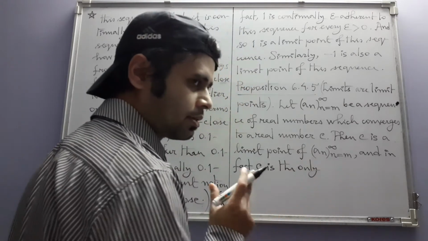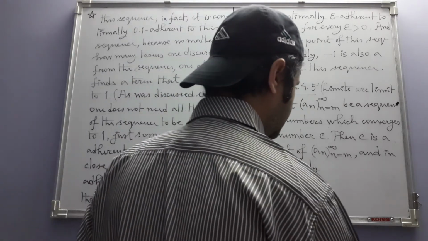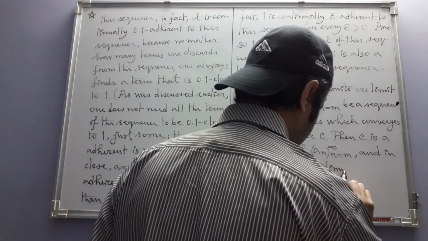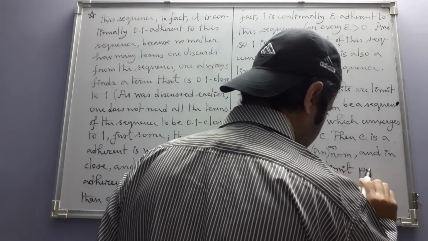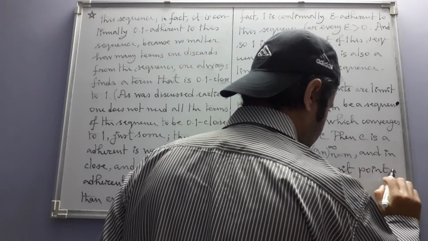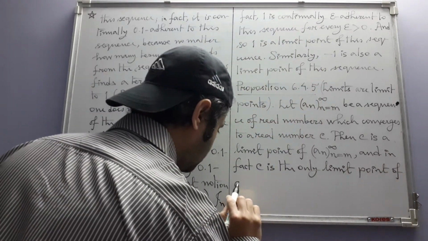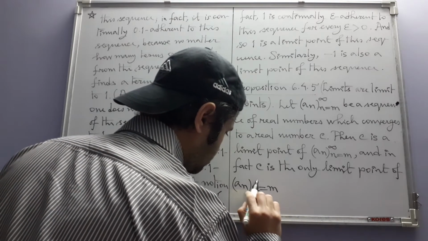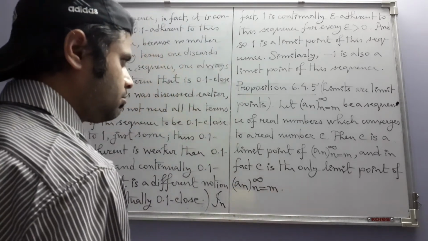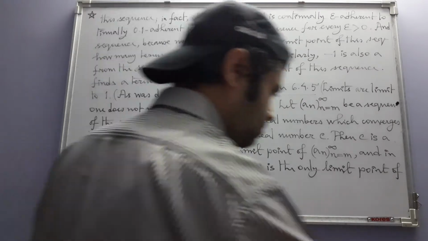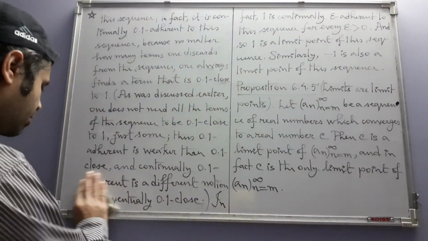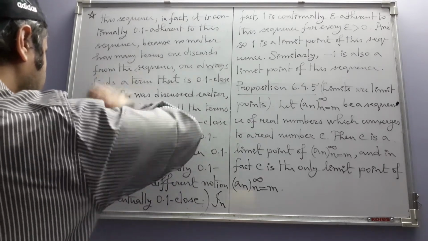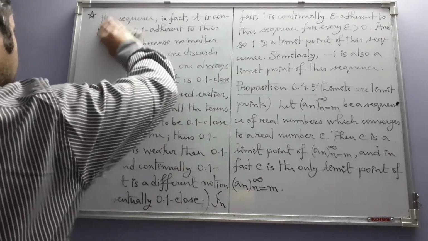In that case, the limit point also becomes unique, just like the limit. And the proof, as usual, we will not do it now. We will see it in the first exercise at the end of this section.